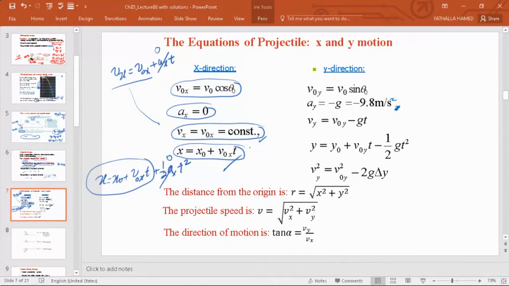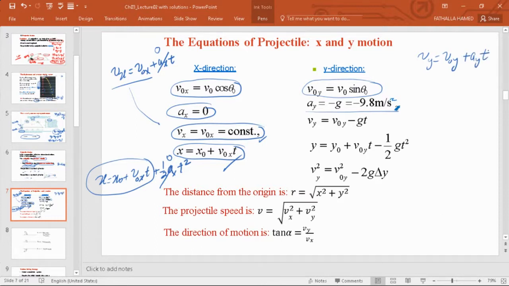When you come to the y direction, I already told you that you take the initial component of your velocity, which is v0y, which will equal v0 sine theta 0. And your ay will equal minus g, which is minus 9.8 meters per second squared. Now, if you look at your y component, vy will equal v0y plus ay t.